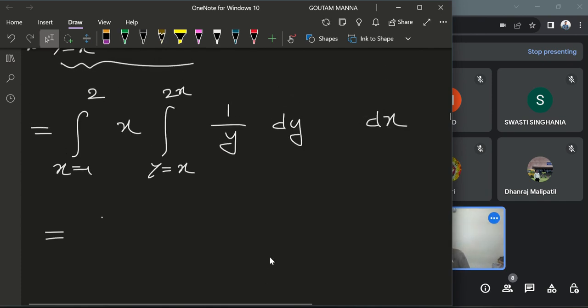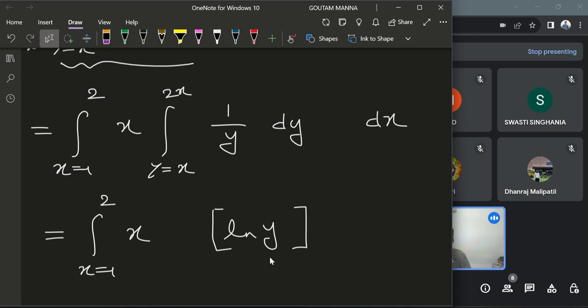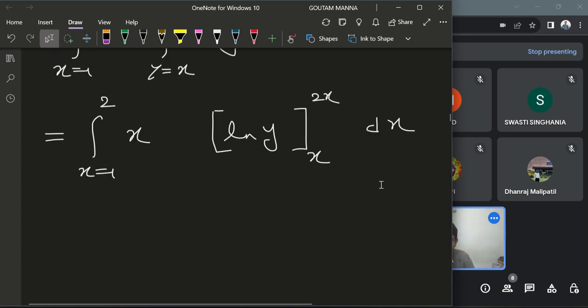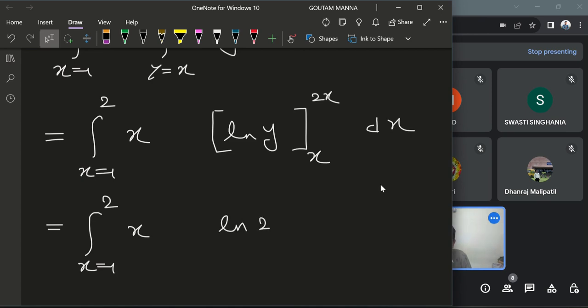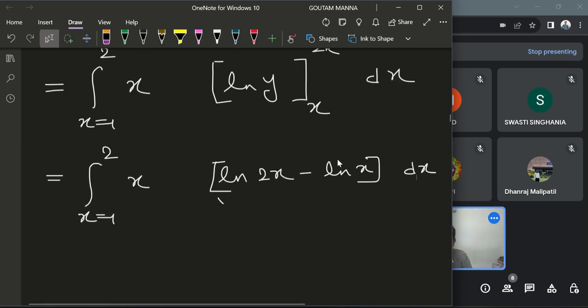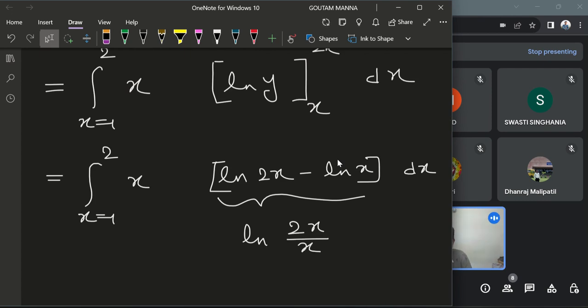That case is 1 to 2, and if I do this y integration, it will be ln y, with limits going from x to 2x, dx. So x equals 1 to 2, x times ln 2x minus ln x if I put the limits, dx. So now this term will be ln of 2x by x, right?